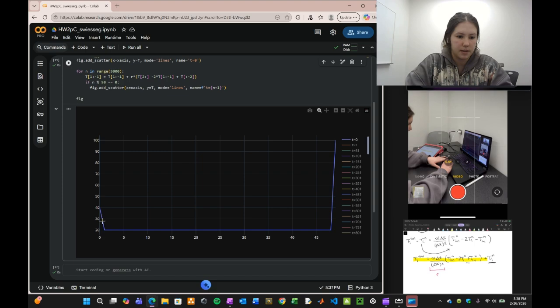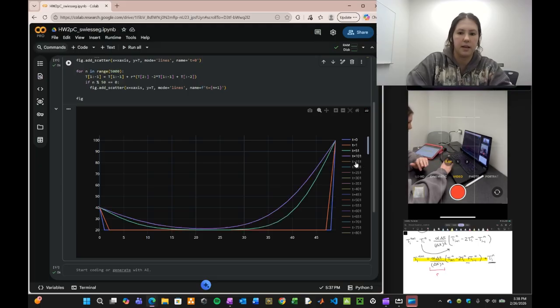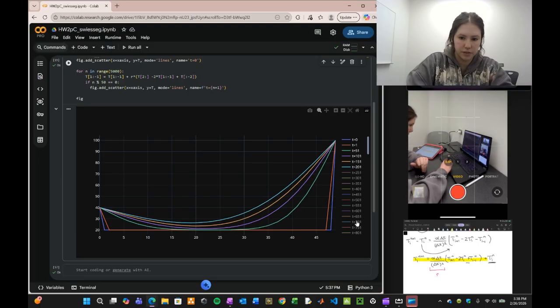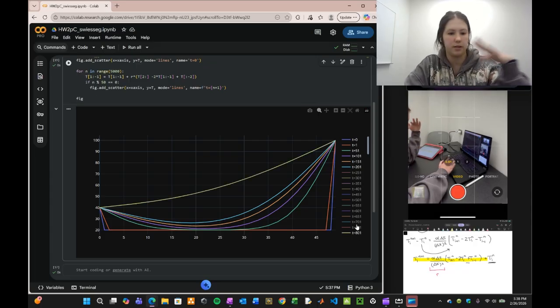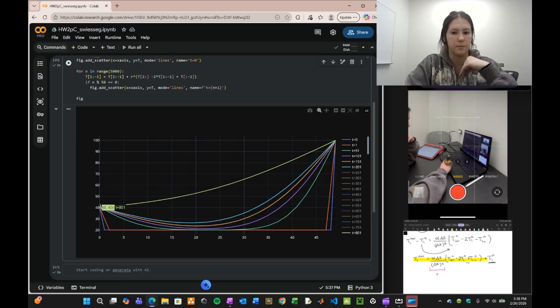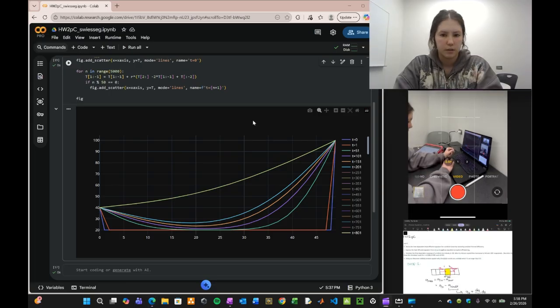You can see that basically the whole bar is still at its initial temperature of 20 degrees. And then as you increase your time, slowly the bar starts to heat up. And as you keep going, eventually you will get to almost a straight line from 40 to 100.